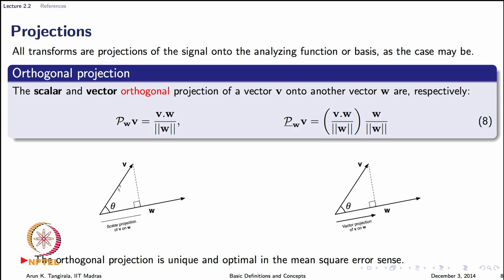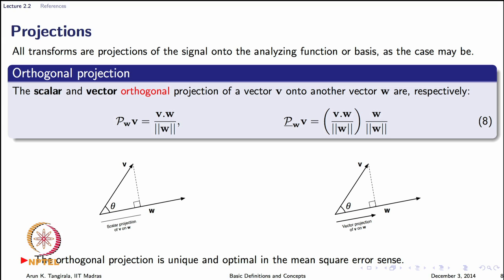Let's take a look at the schematic that I show here on the left. There is a vector v, and I'm projecting this vector v onto the vector w, and I have indicated this length as the orthogonal projection of v onto w. What we are doing here is dropping a perpendicular from where the arrow of v ends onto w, so that it is perpendicular to w, and therefore it is called the orthogonal projection.